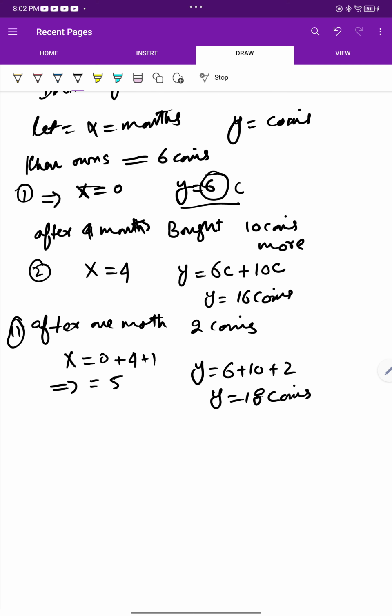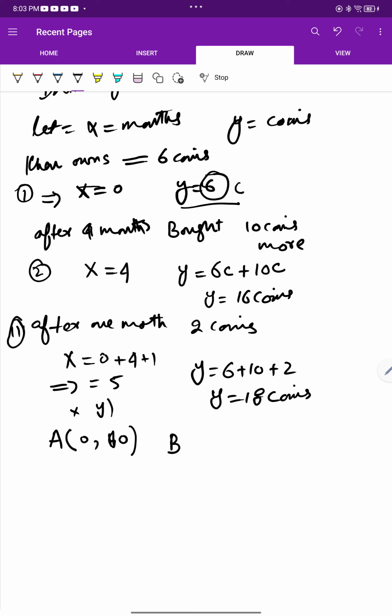So how are you going to do this in the graph? We got almost three points. The first point A in the graph: because x is equal to 0, we put x and y in a coordinate system. So the first one is 0 and 10, because initially we have 10 kinds.